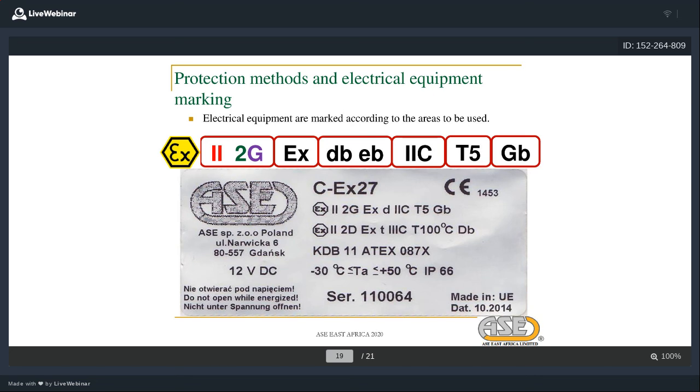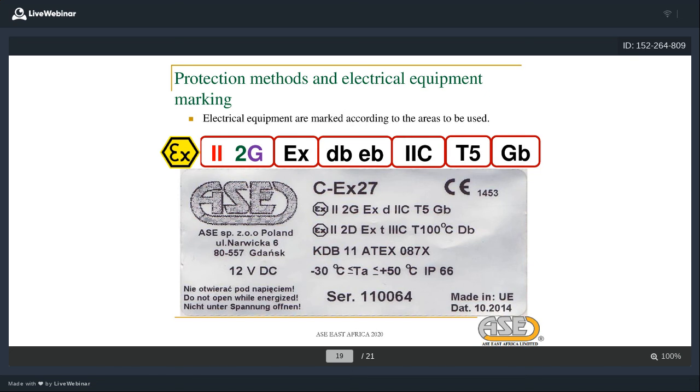There are two numbers, a first number and a second number. The first number indicates protection from solid bodies, for example dust, and the second number indicates protection from water.